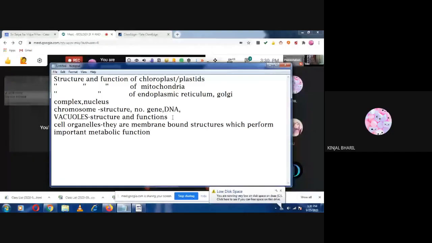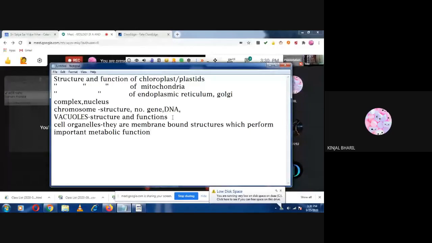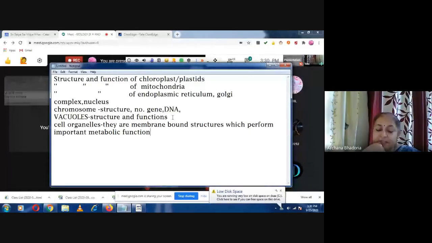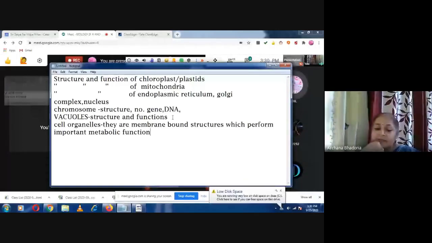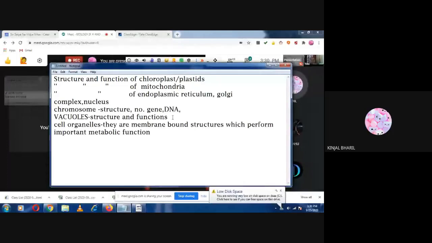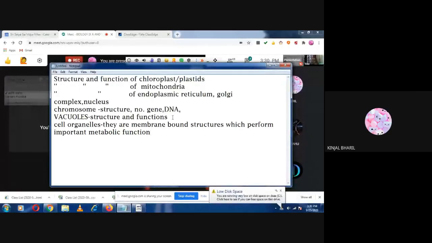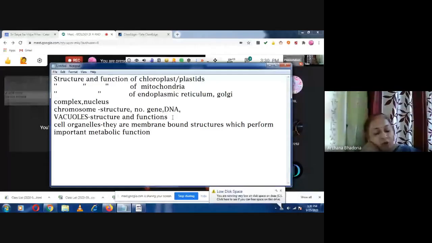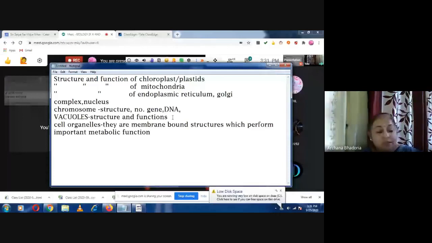Mitochondria, plastids, okay. Golgi complex, very good. Then endoplasmic reticulum, then lysosomes. Ribosomes, and nucleus is also there.